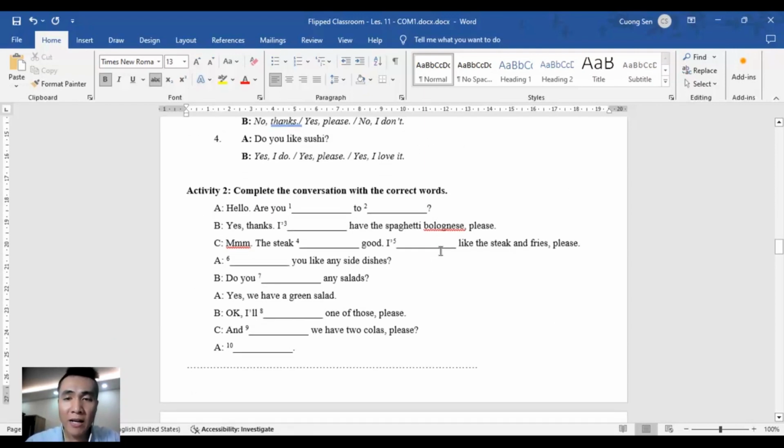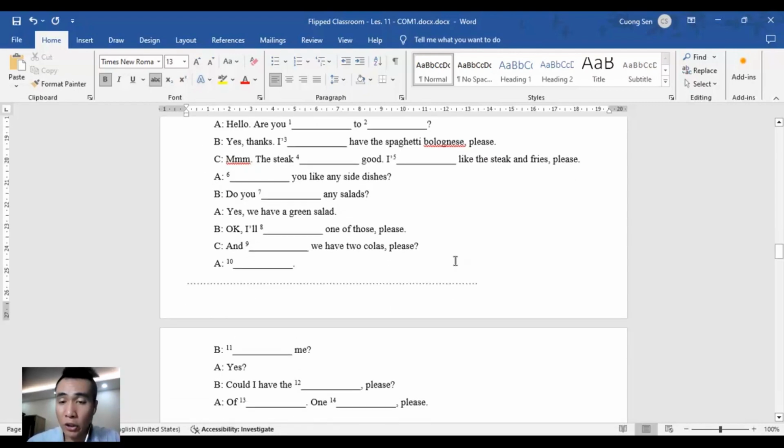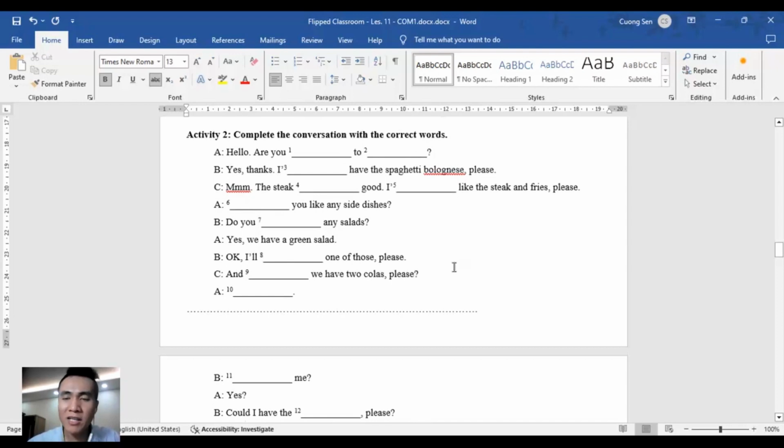And in activity number 2, I have 2 dialogues. It's just 1 dialogue, but it's separated into 2 parts. This is scene 1, part 1. Try to complete the conversation with the correct words.